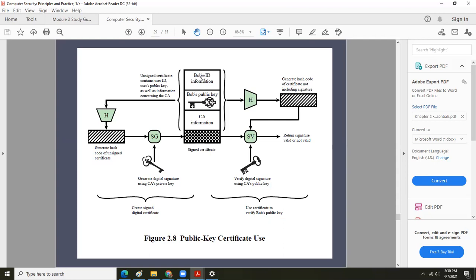So Bob's information, the certificate authority's information, and Bob's key. And that's signed by the CA. So the CA takes a private key and signs Bob's public key. That's what creates the link for trust.